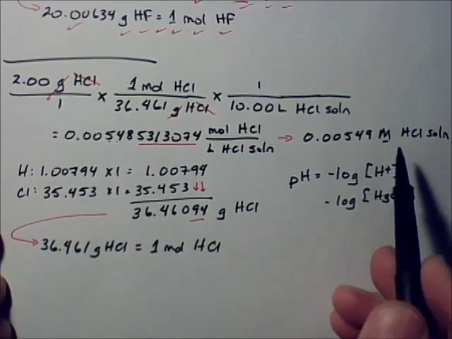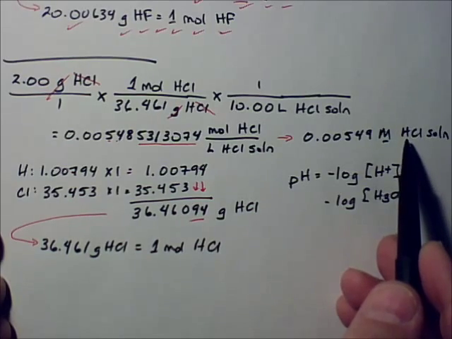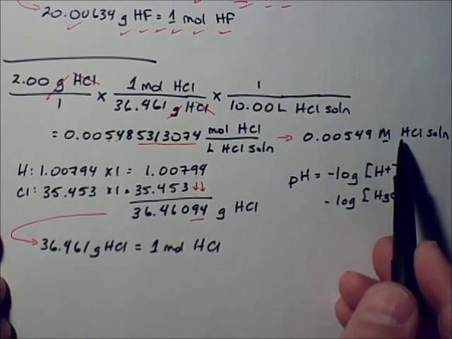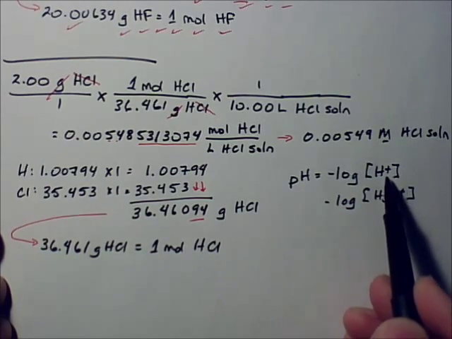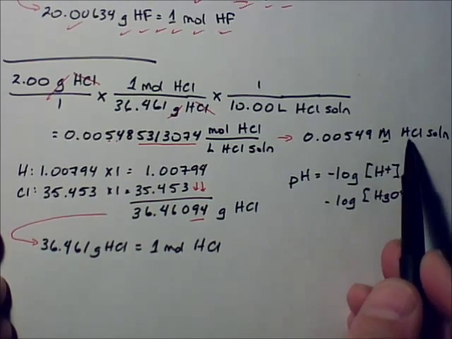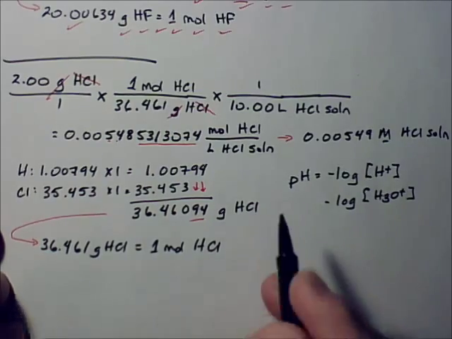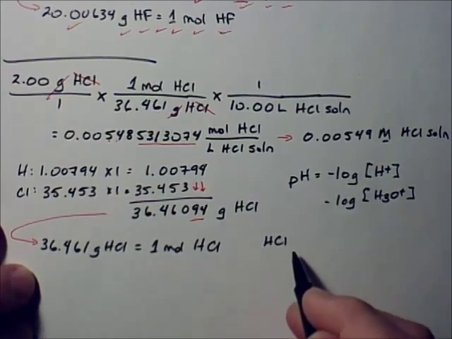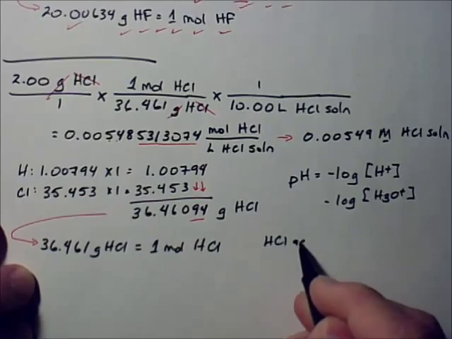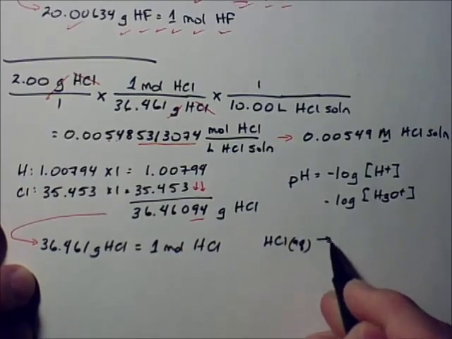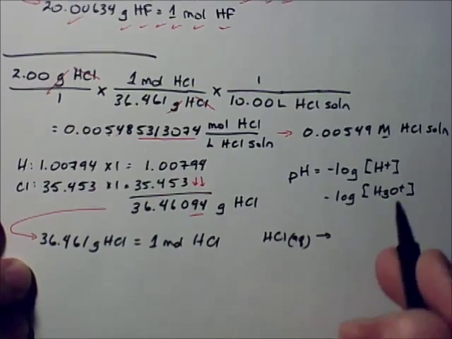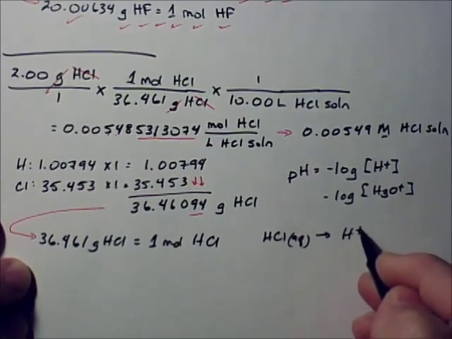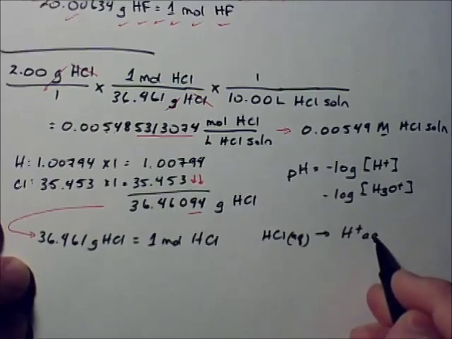For a strong acid with only one hydrogen ion to be dissociated, the concentration of hydrogen ions is going to be the same as the concentration of the acid. And that's because I've got a strong acid here, and when I dissociate it, all of these break apart, and that's what a strong acid does, I'm going to get one hydrogen ion.